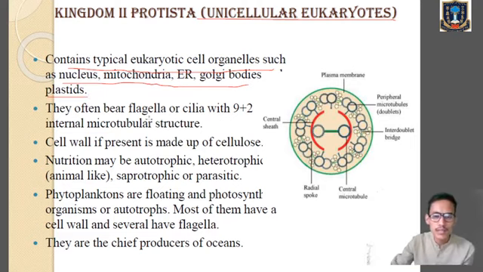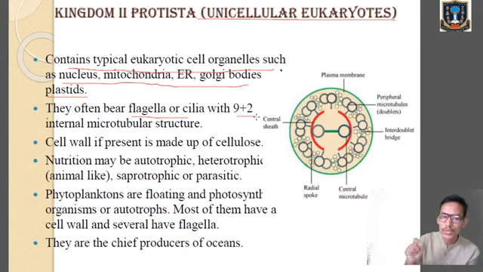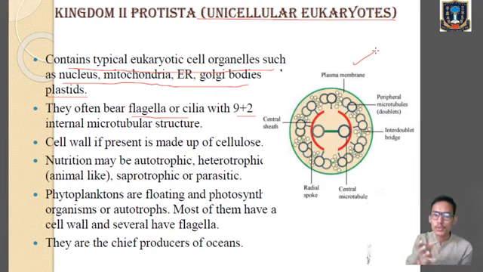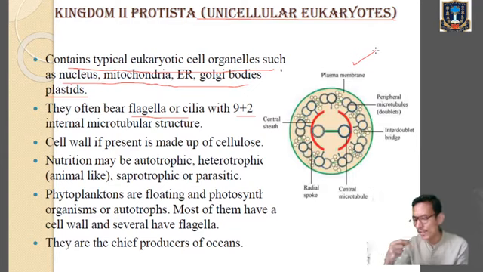Now they bear cilia or flagella for locomotion, and whenever the cilia or flagella are present, they have a 9 plus 2 internal microtubular structure. Now what does this 9 plus 2 internal microtubular structure mean? For that, kindly look at the given diagram. Over here we will count the number of microtubules. It's saying 9 plus 2 internal microtubular structure if cilia or flagella are present.